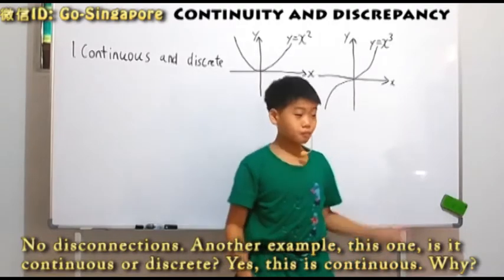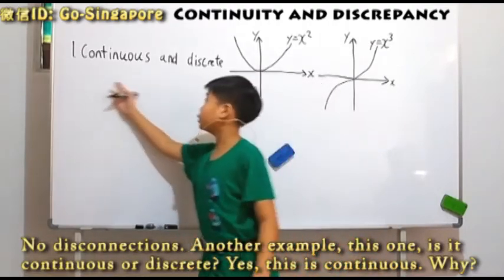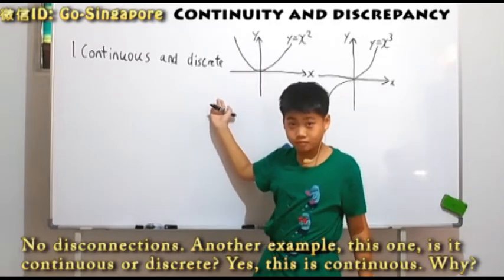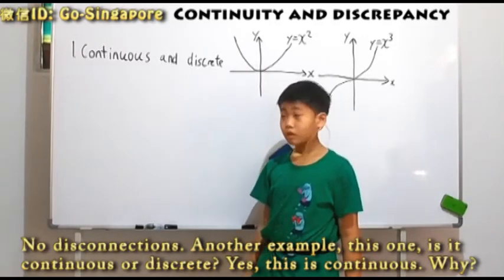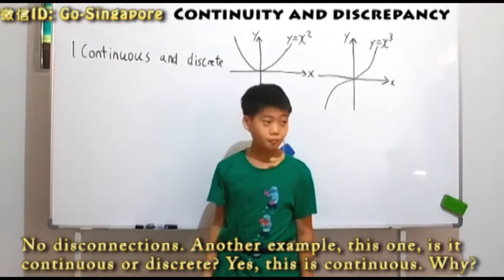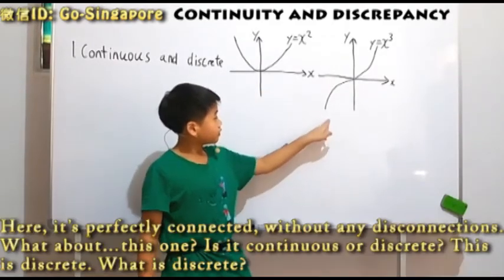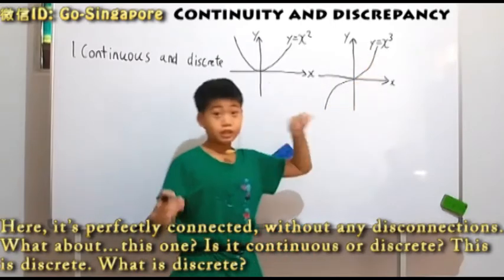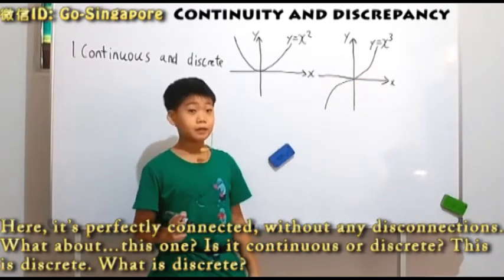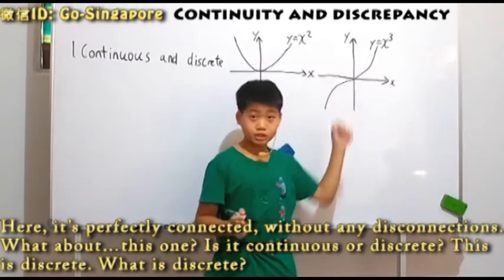This one. Is it continuous or discrete? Yes, this is continuous. Why? Here is perfectly connected without any disconnections.